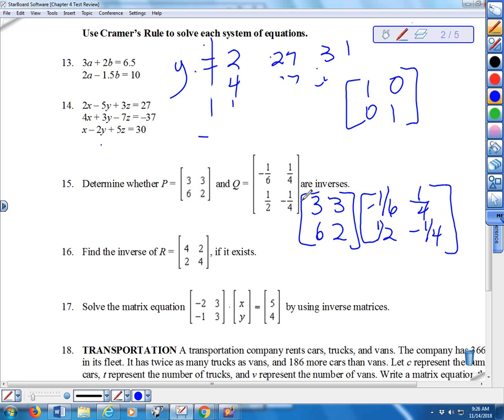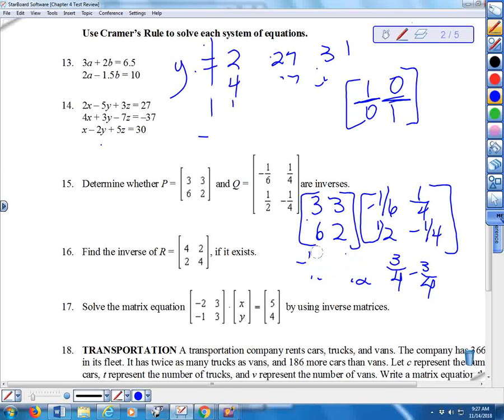So I have negative 1/2 plus 3 halves. What's that equal? 1, thank you. Equals 2 over 2, right? Which is just 1. So there's the first one. 3 times 1/4 is 3/4. Minus 3/4. There's 0.